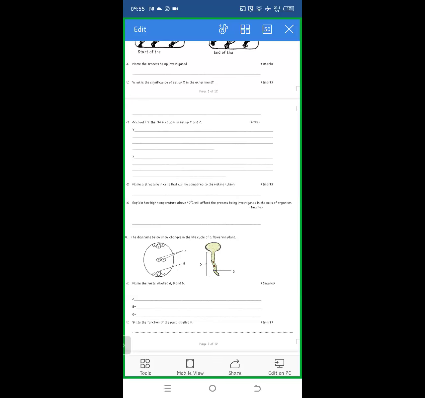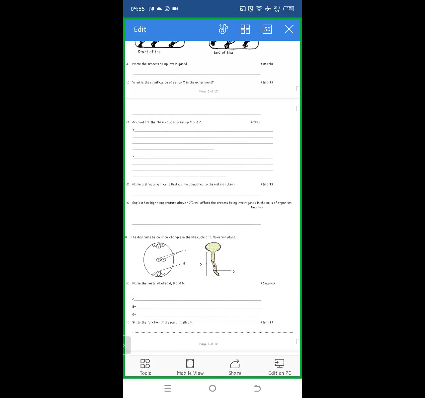So we say simply that temperatures above 40 will denature proteins. That is to hit the nail on the head. Remember, the cell membrane is made up of a protein layer and two lipid bilayers. So if the temperatures are above 40, they will denature the protein there, and that will interfere with the property of a cell membrane to be selectively permeable.